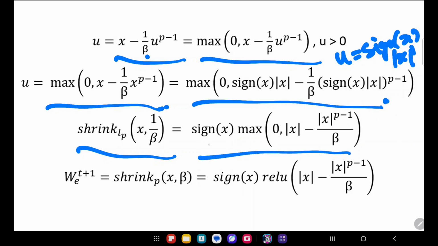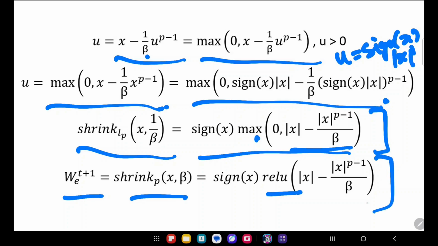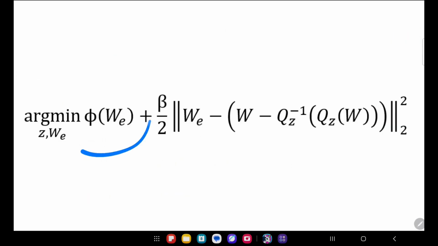So it becomes sign of x times max of 0, mod of x minus mod of x to the power p minus 1 by beta. This is like keeping this part positive, so we can replace max of 0 and something with ReLU. That means the next iteration of WE, when we apply this shrinking operator, becomes sign of x times ReLU of mod of x minus mod of x to the power p minus 1 by beta. So now we can see that the first part is reduced.